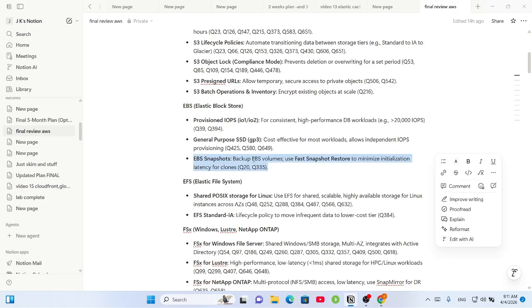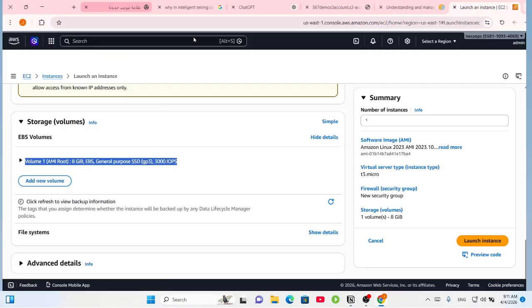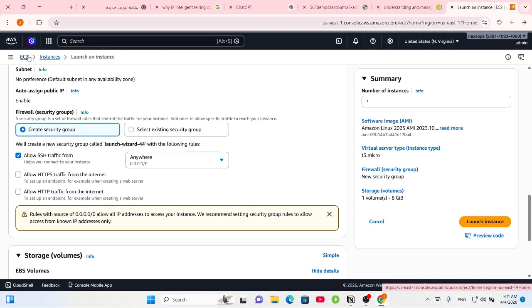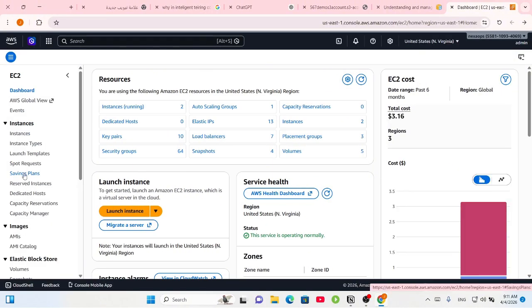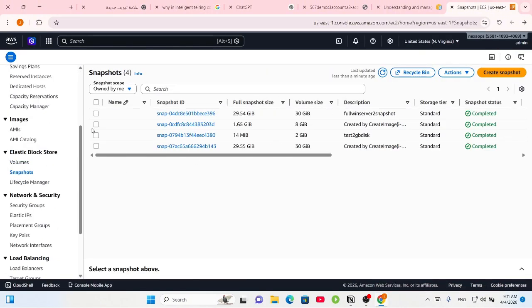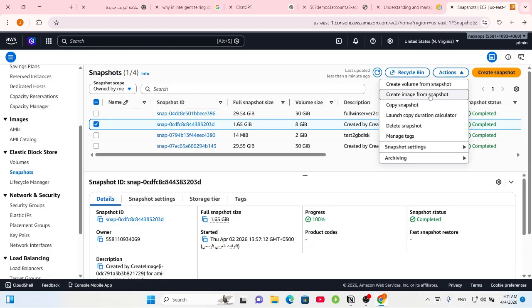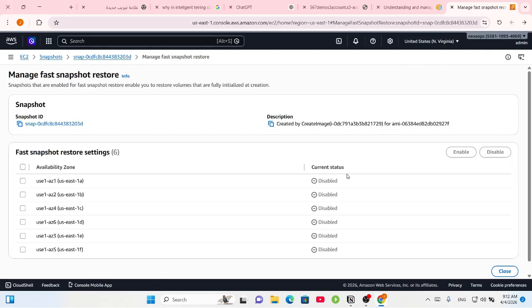EBS snapshots are basically backup volumes, but faster. There's an option called fast snapshot restore. You can go to EC2 here, or you can go to EBS here, volumes, or snapshots here. You can select any snapshot here, right click, go to snapshot settings, and click manage fast snapshot restore.